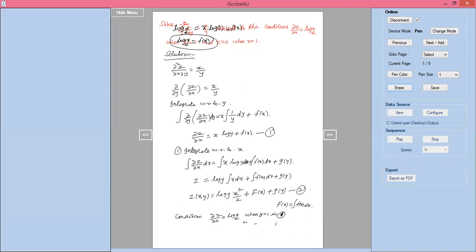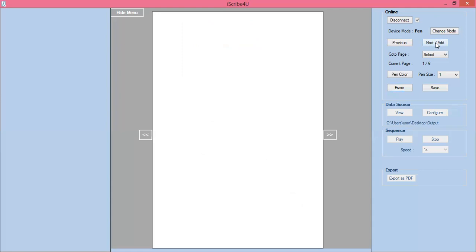I'll write in this sheet. Log x base e equals x into log 1 plus f of x.